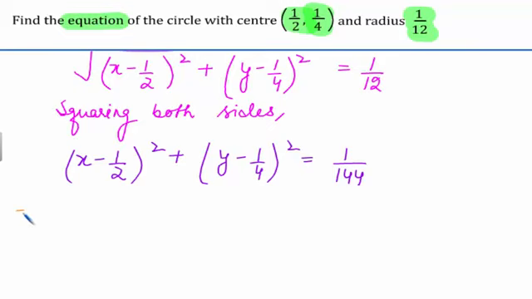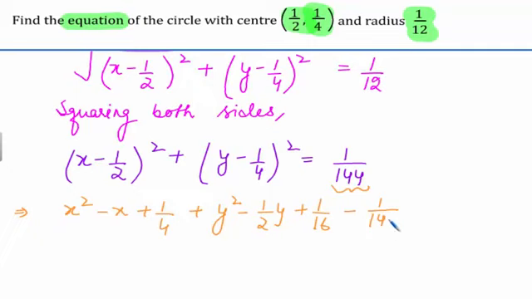Now this further implies, on opening the brackets, we have x square minus x plus 1/4 plus y square minus 1/2 y plus 1/16, and taking this on the left hand side we have minus 1/144 is equal to 0.